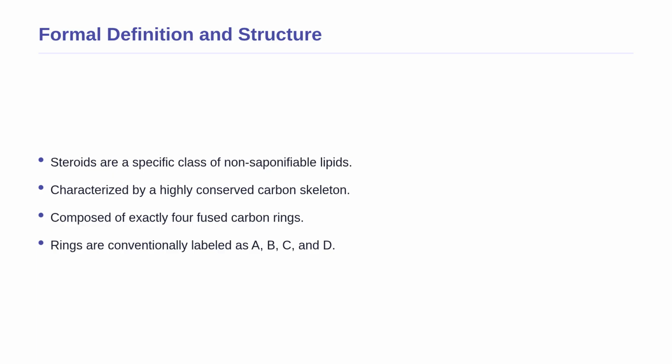Every single steroid is built upon a foundational core composed of exactly 4 fused carbon rings. Scientists conventionally label these 4 rings as A, B, C, and D. This universal 4-ring structure is the defining hallmark of all steroids, no matter what specific function they perform in the body.